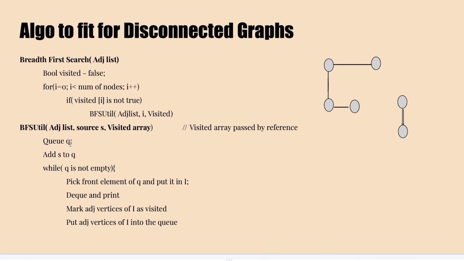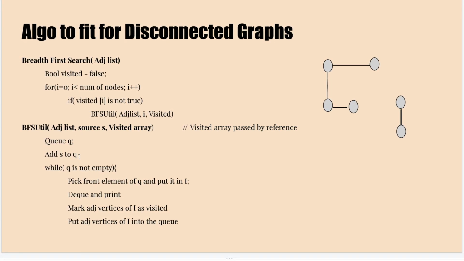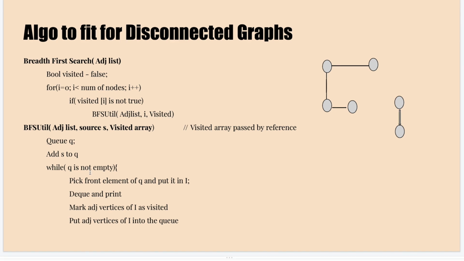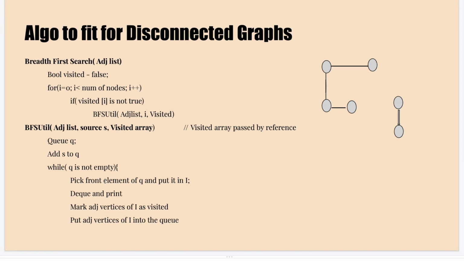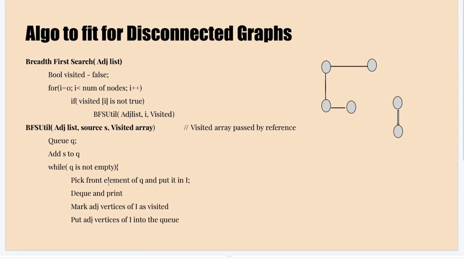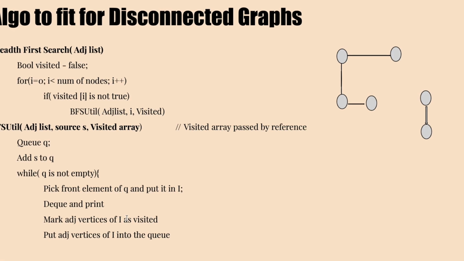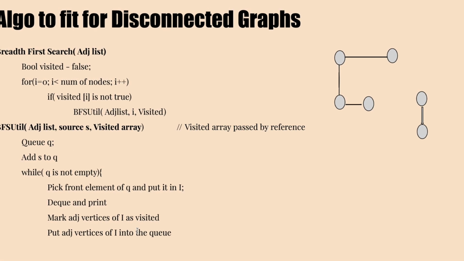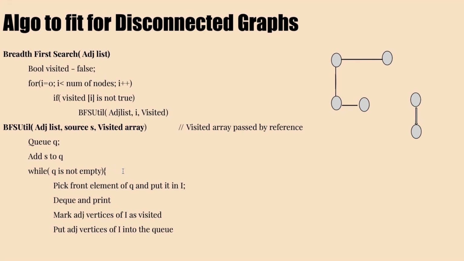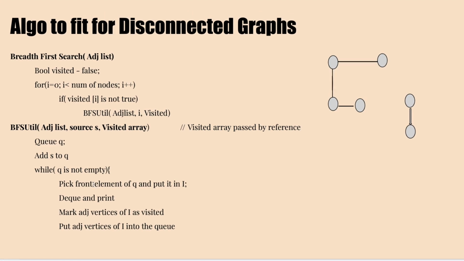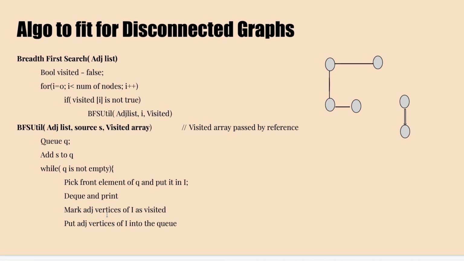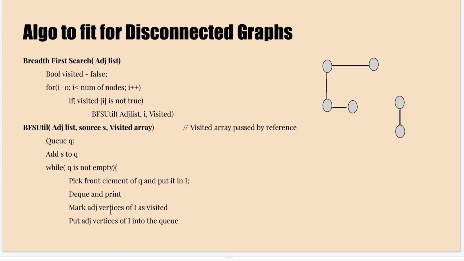We put the source into the queue, and then as long as the queue is not empty, we pick the front element of the queue and pop it off. We mark the neighboring vertices of the vertex as visited and put them into the queue. And as long as the queue is not empty, we keep on exploring the component of the graph.